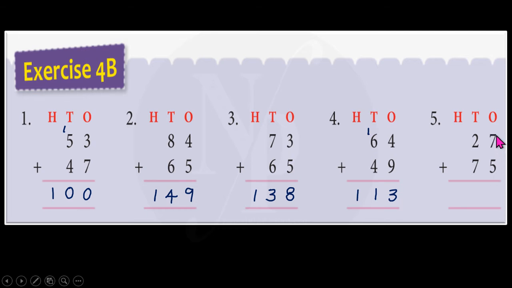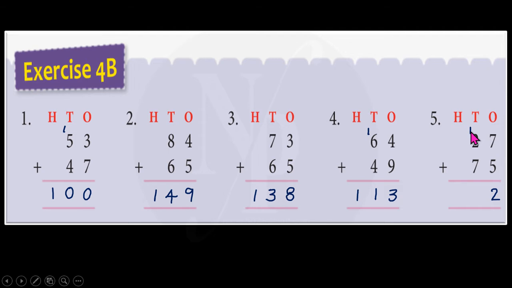Coming to question number 5, we have 27 plus 75. We begin adding from ones column. That is, we add 7 and 5. So when we add 7 ones and 5 ones, we get 12 ones. So 12 ones are regrouped as 1 ten and 2 ones. So 1 ten is carried forward to the tens column and 2 ones are written in ones column. Now we add the digits in tens column.